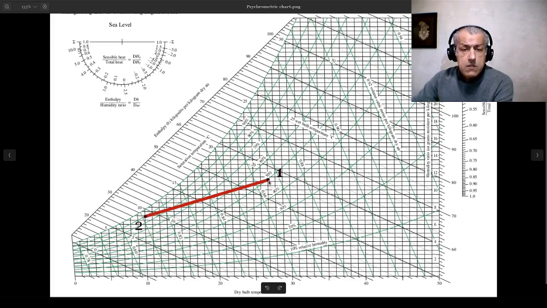And we could also read values of specific humidity from here and also from here, I mean from the vertical axis, and they would be very similar to what we have already calculated.